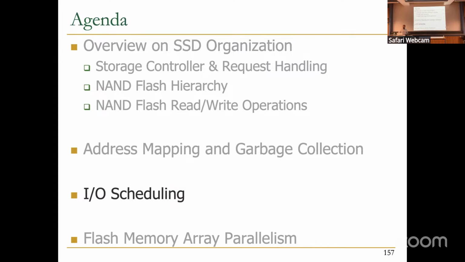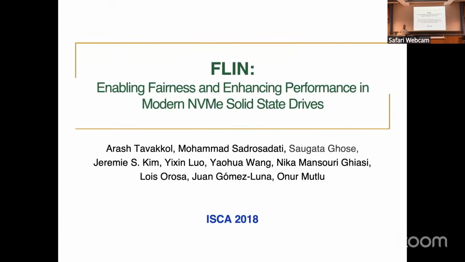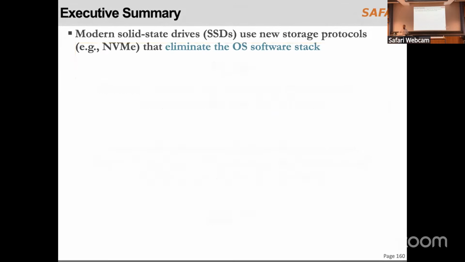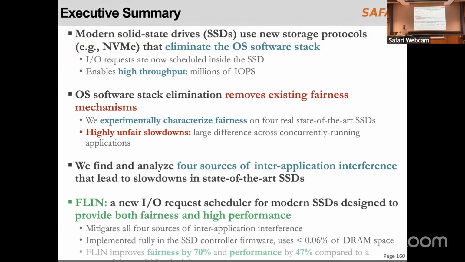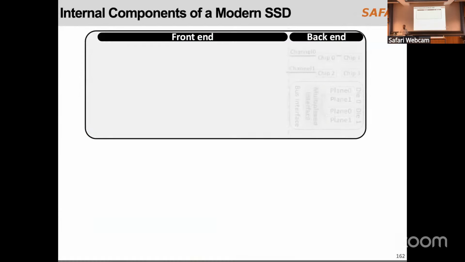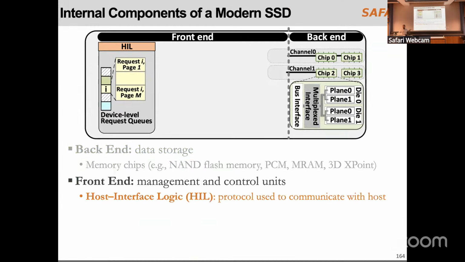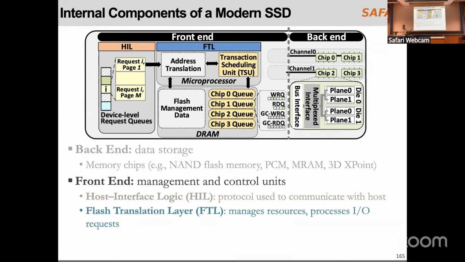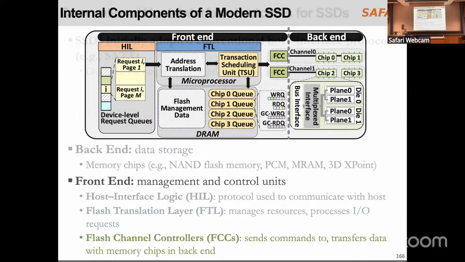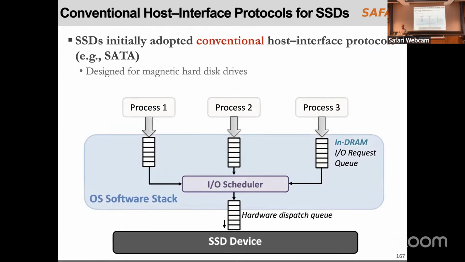So IO scheduling, we already discussed it. We already discussed the Flynn paper, if you remember. So I'm not going into a lot of details of that. I'm going to only pause on the parts that we discussed about sources of unfairness. Remember that in the past we had SATA, and the OS was handling this IO scheduling for us.